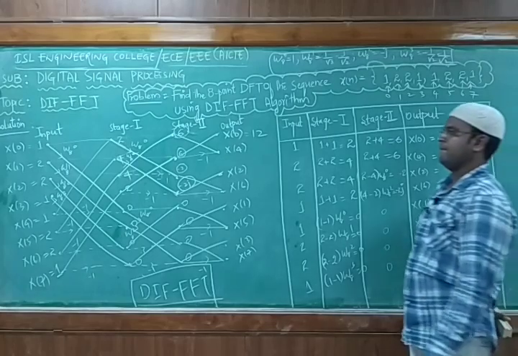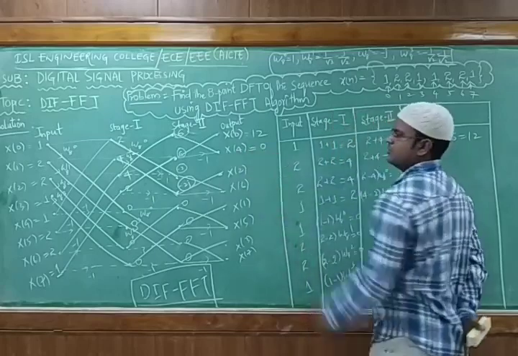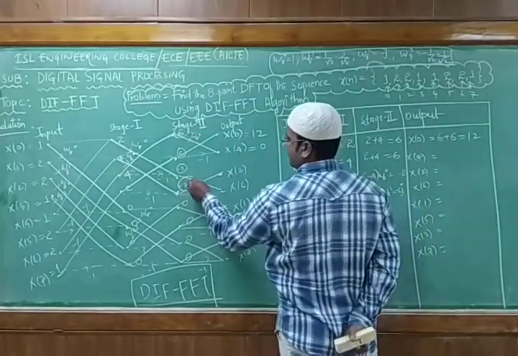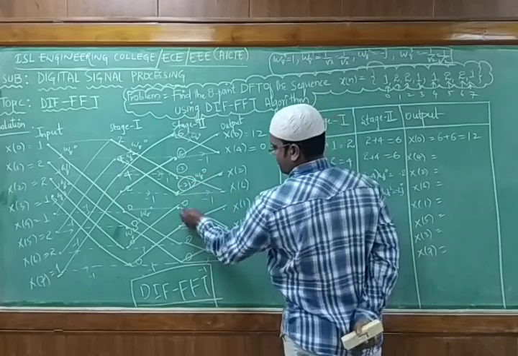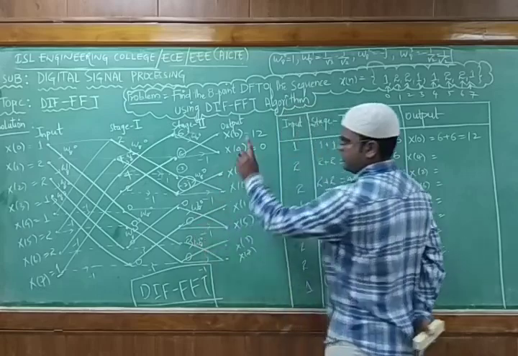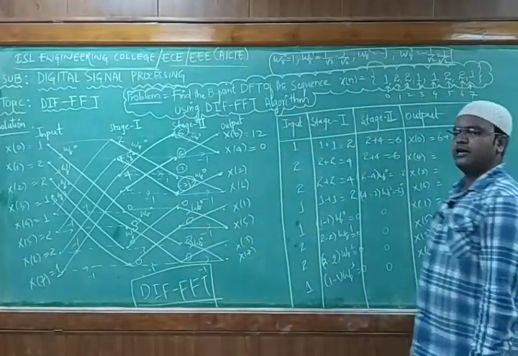Next thing, X of 4: 6 minus 6 is 0. Here the feedback needs omega 8 power 0. Wherever it is, at that point we mention the twiddle factor with that particular number.